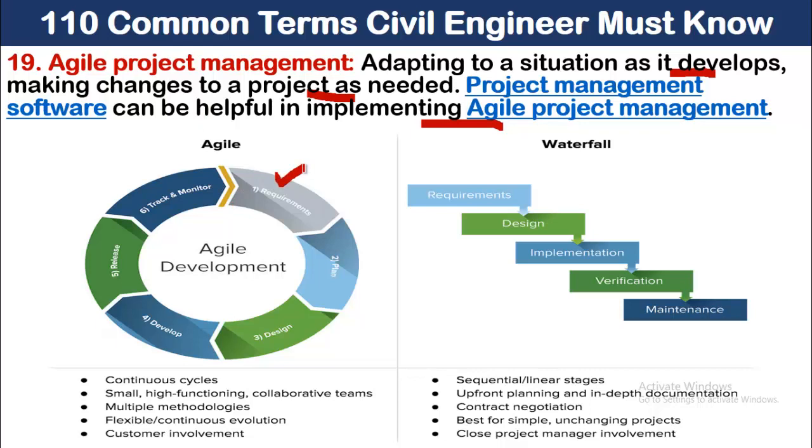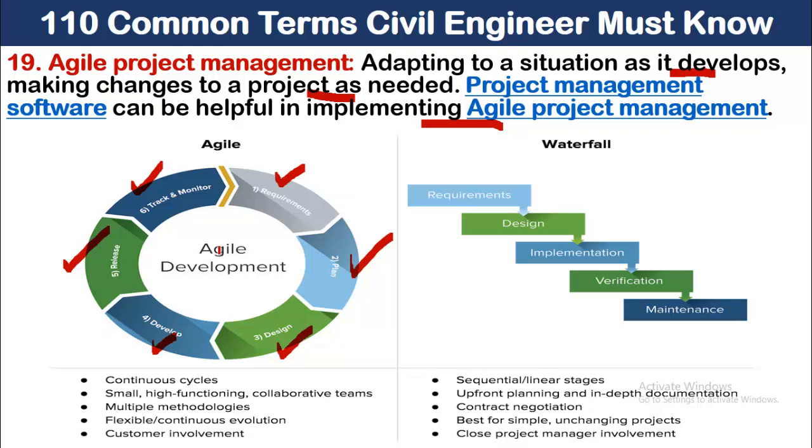First one is requirement. When there is a requirement for something, we start planning. The second step is planning, then we design the project and we develop it. After development it is released, and from time to time tracking and monitoring is carried out.